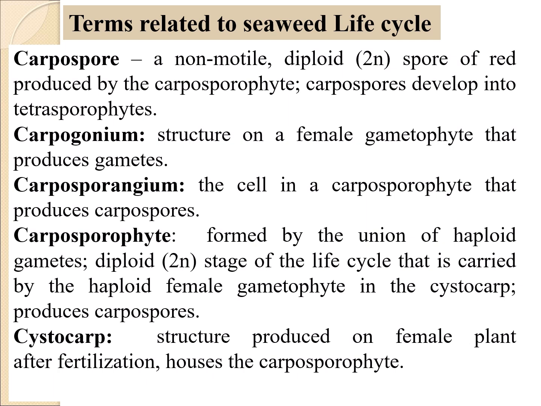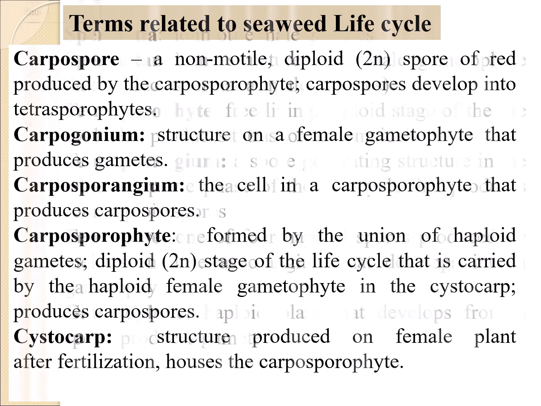Carposporangium: the cell in a carposporophyte that produces carpospores. Carposporophyte: formed by the union of haploid gametes, the diploid, 2N, stage of the life cycle that is carried by the haploid female gametophyte in the cystocarp, and produces carpospores. Cystocarp: structure produced on the female plant after fertilization, which houses the carposporophyte.